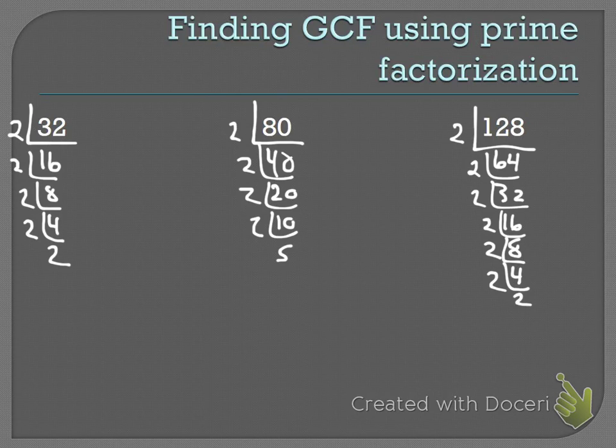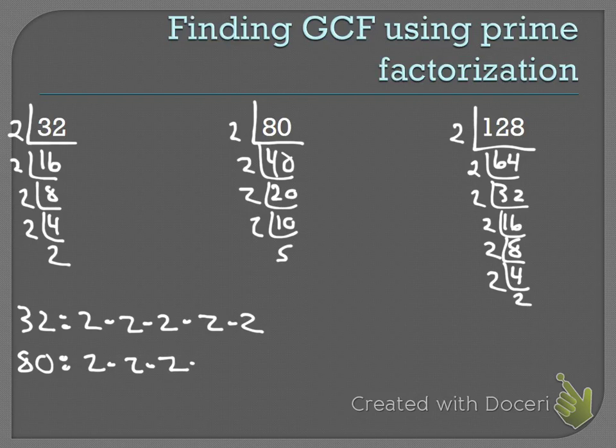All right, guys, lots of 2s. 32: 1, 2, 3, 4, 5. 80: 1, 2, 3, 4, and a 5. And 128: 7 2s. 2, 3, 4, 5, 6, 7.